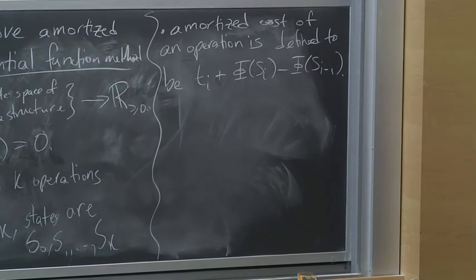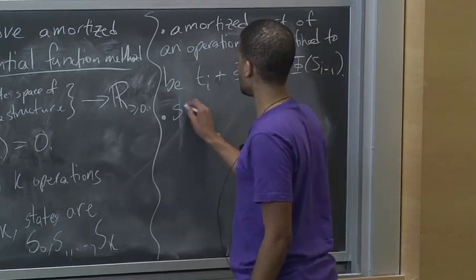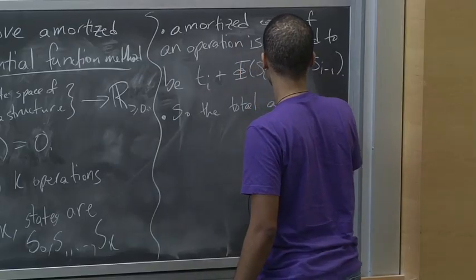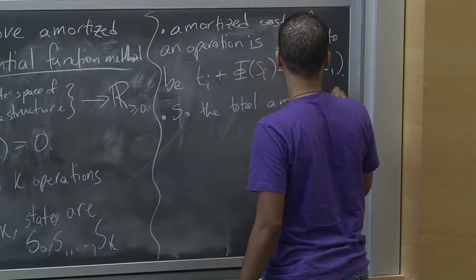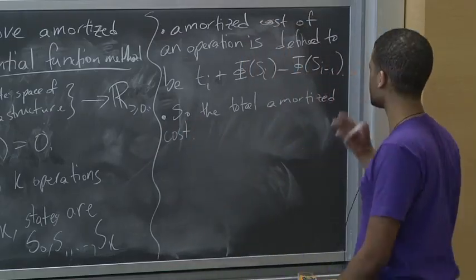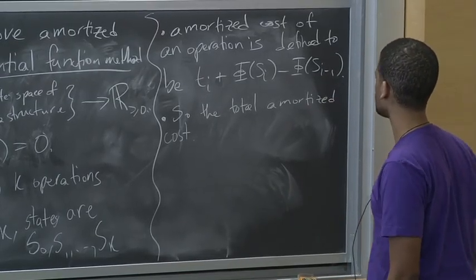And why does this make sense? So the total amortized cost... sorry, this is not what I wanted to say.